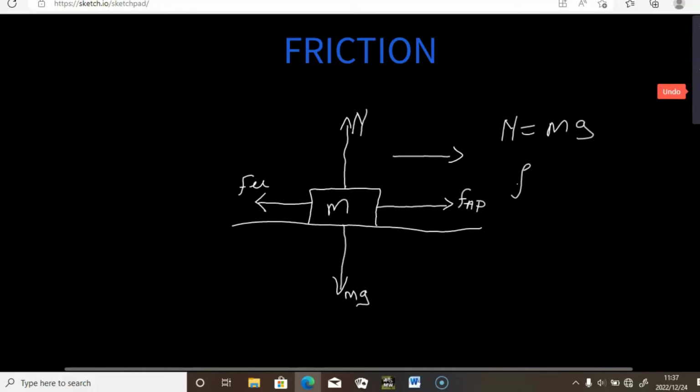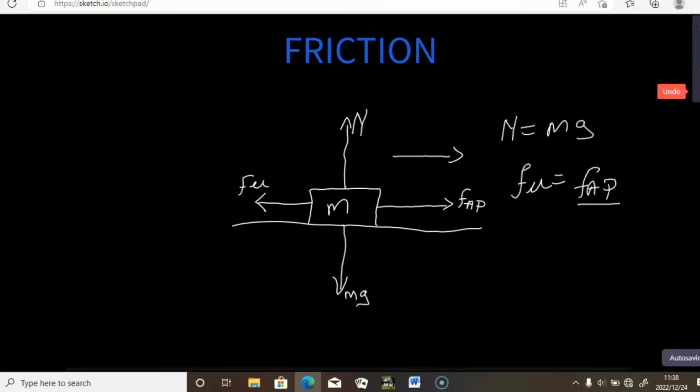And this is also true if maybe you were asked to calculate the minimum force that can move the block; this is the formula that we are going to use.